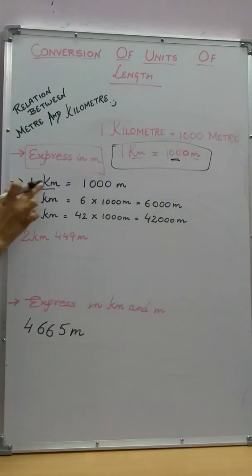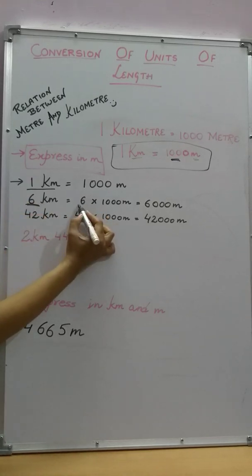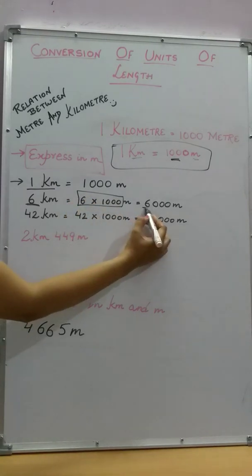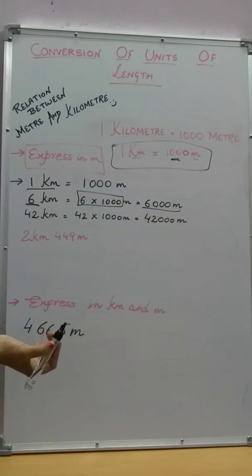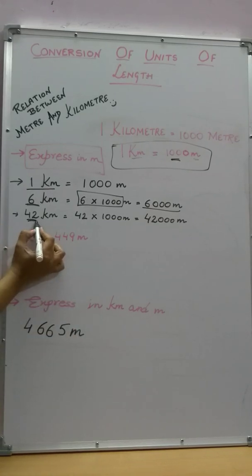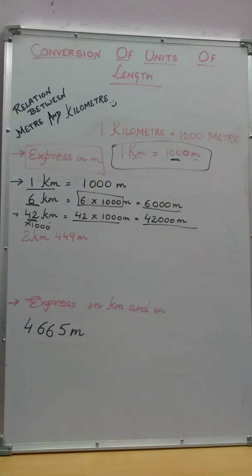Here 1 kilometer is 1000 meter. So 6 kilometer equals 6 multiply 1000. So 6 multiply 1000 is 6000 meter. Let's see another. Here we have 42 kilometer. Means 42 multiply 1000. So we got 42,000 meter.